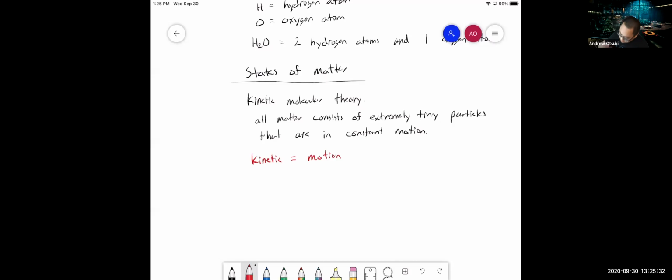Molecular comes from the word molecule. It's just the adjective of molecule. So we're referring to the movement of small molecular particles, and that gives rise to our physical states of matter. So the thing is, molecules are attracted to each other.